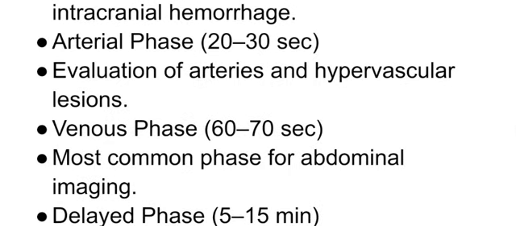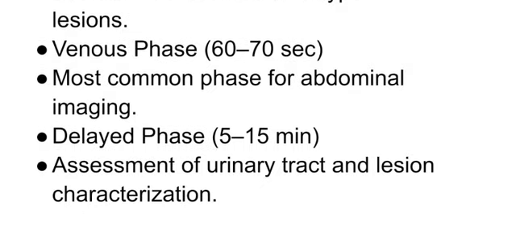Next is the venous phase, about 60 to 70 seconds, which is the most common phase in abdominal imaging. Next is the delayed phase, delayed by 5 to 15 minutes, for the assessment of the urinary tract and lesion characterization.